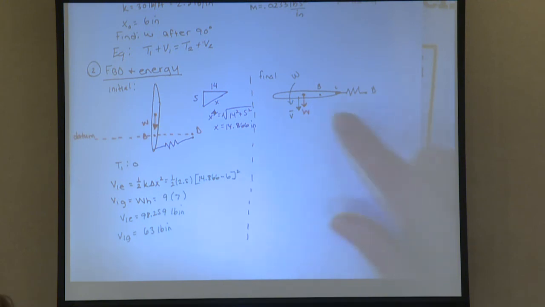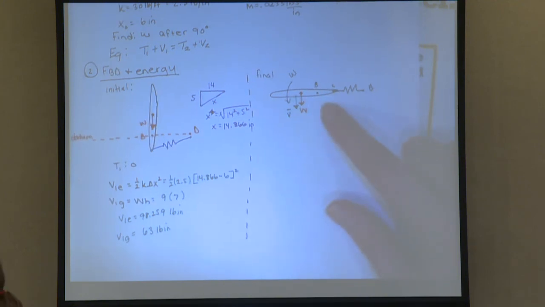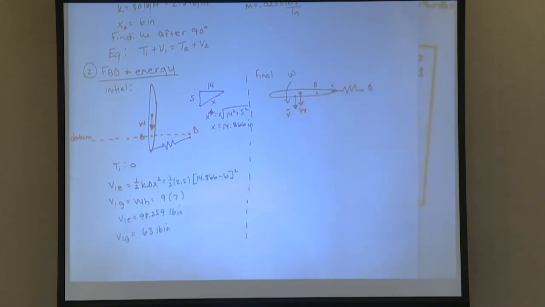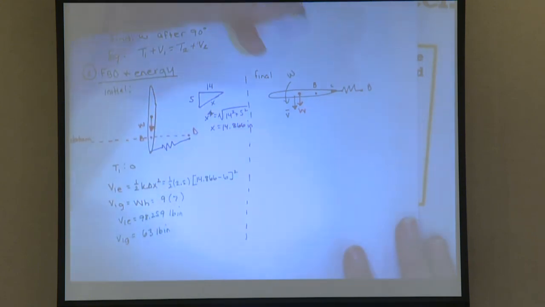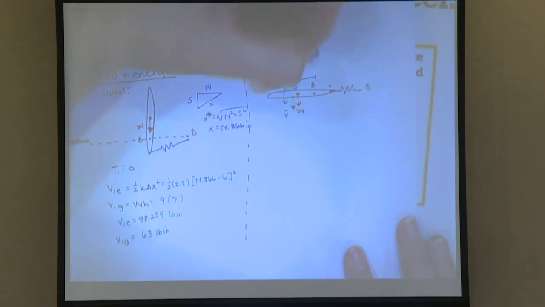But it's rotating about a point B, so we're going to have the tangential component of velocity plus the rotational. We have to look at both parts of it. So the distance from G to B is 7 inches.